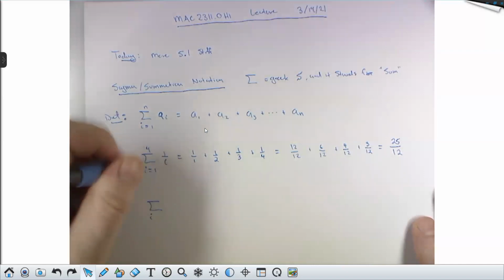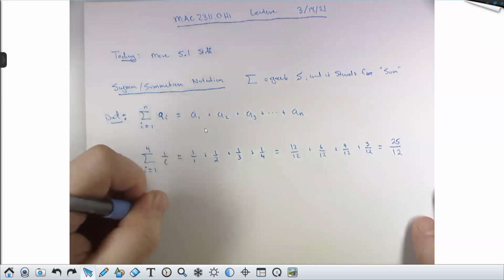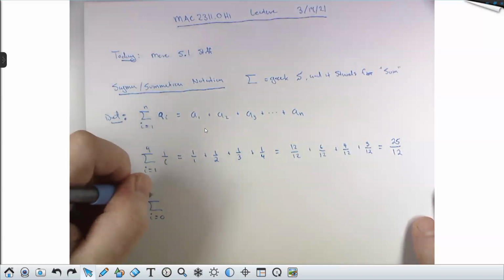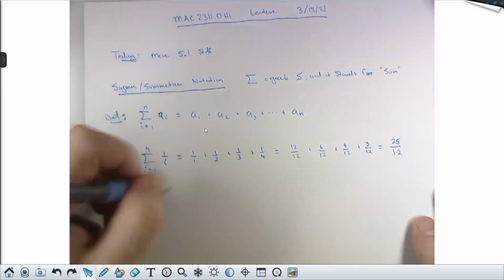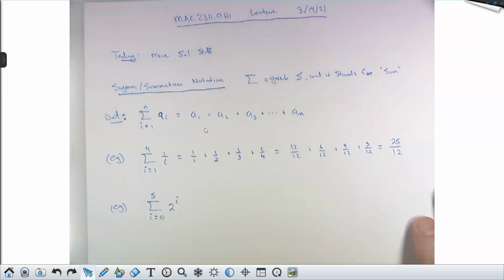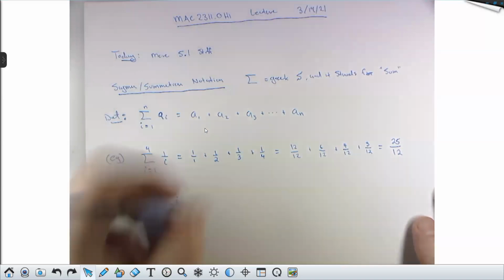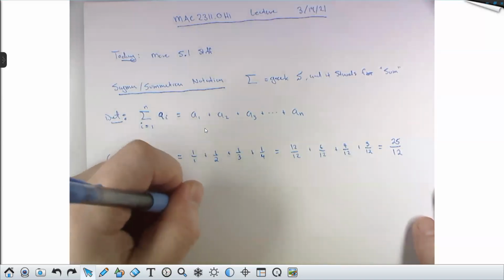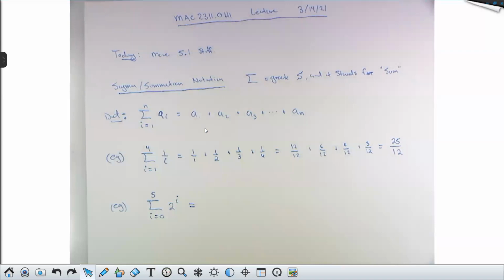The sum doesn't always have to start at 1. It could be like sigma i from 0 to 5 or whatever of 2 to the i, like this. So if I had to evaluate this sum, my first step would be to write it out.